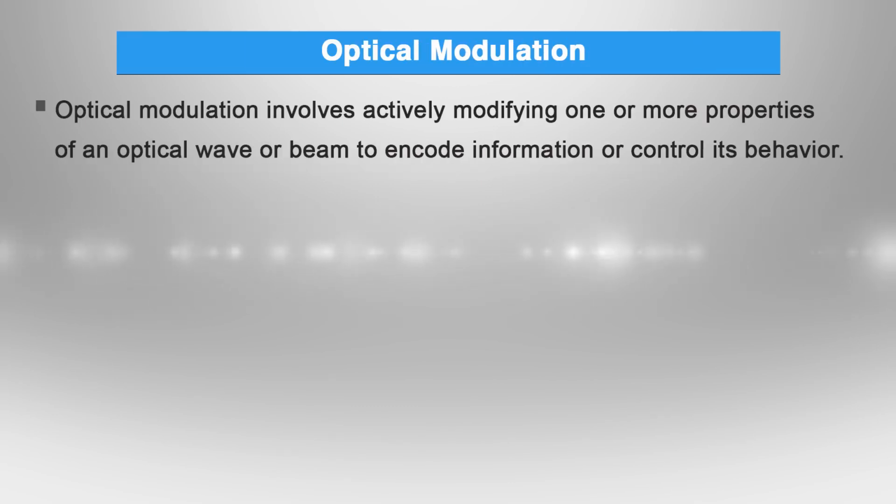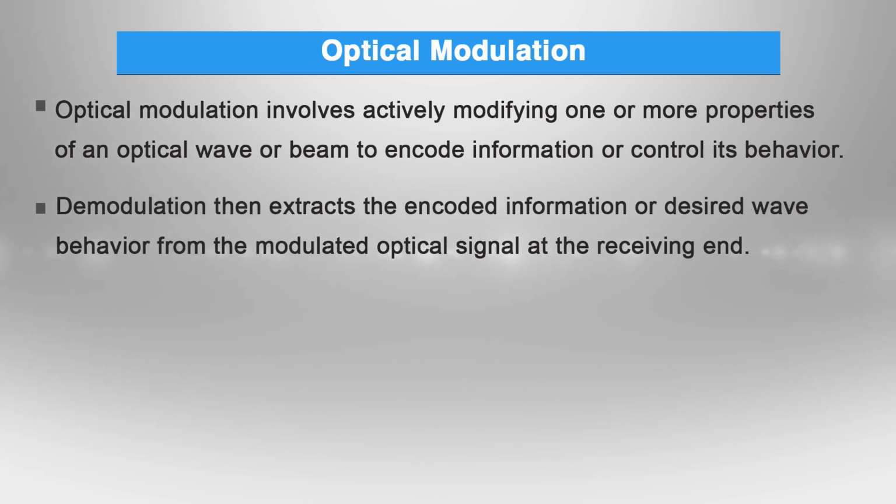Now, optical modulation involves actively modifying one or more properties of an optical wave or beam to encode information or control its behavior. Similarly, demodulation extracts the encoded information or desired wave behavior from the modulated optical signal at the receiving end.